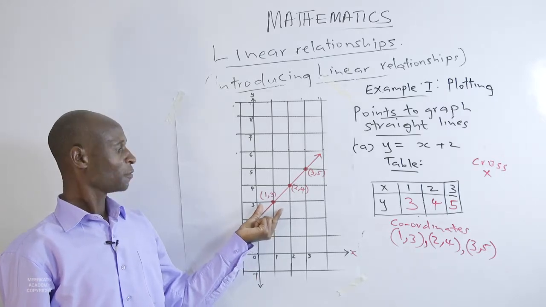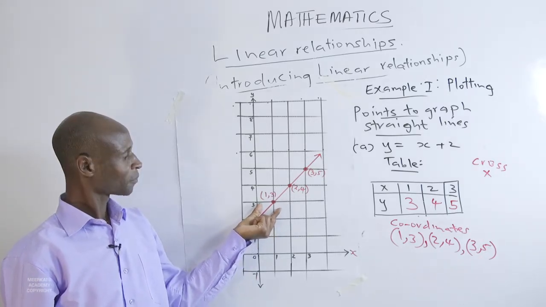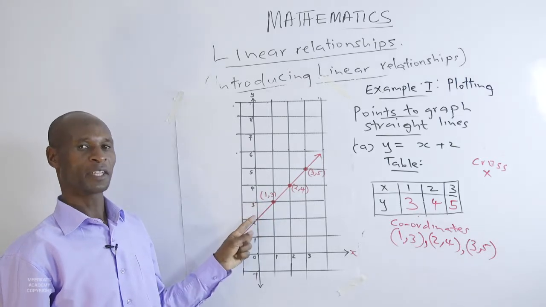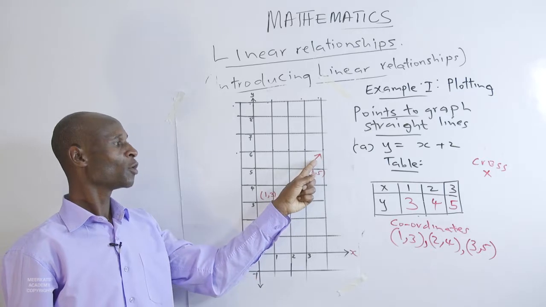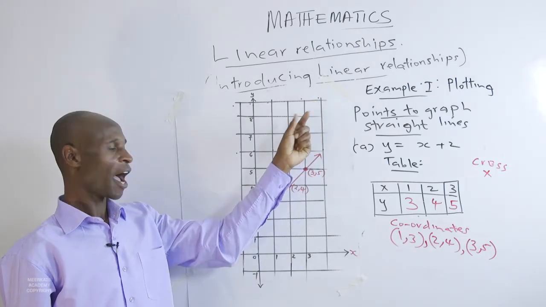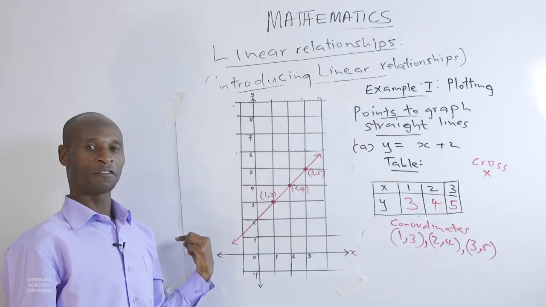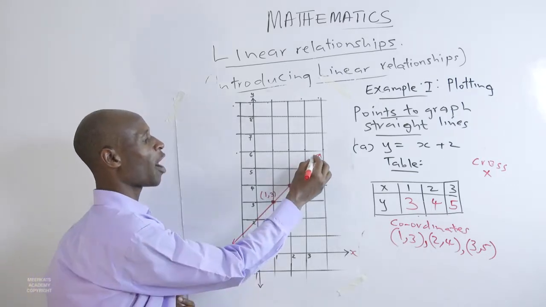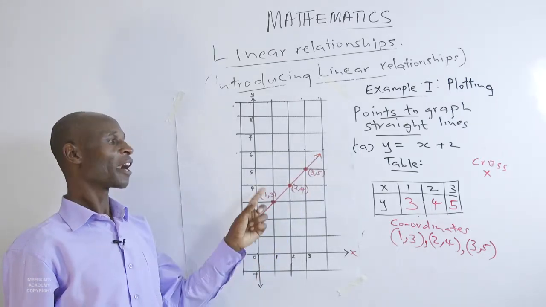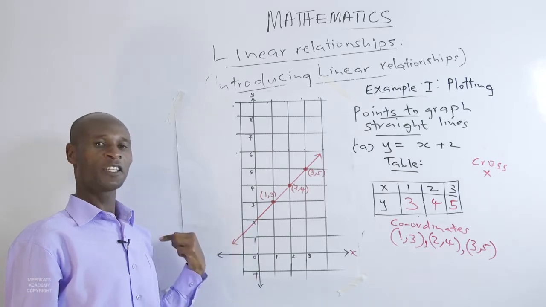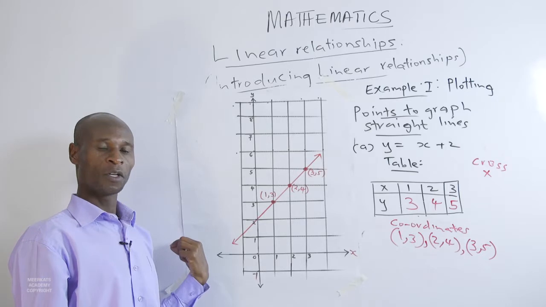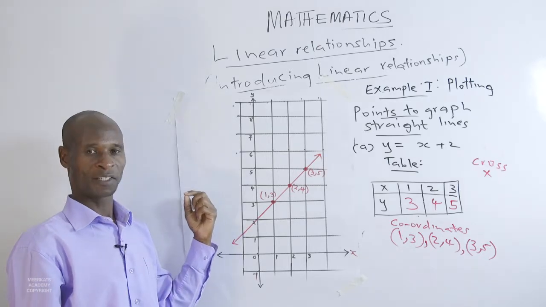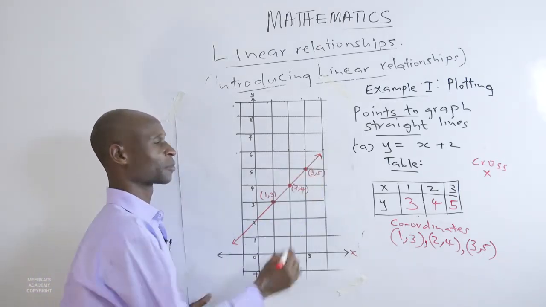It has been drawn, and we can confirm that our graph is a straight line which runs to infinity to the right and infinity to the left. These two arrows show that the graph runs infinity to your right and infinity to the left, infinity downwards, infinity upwards. So we need to show that.